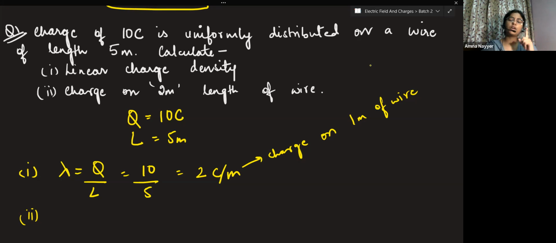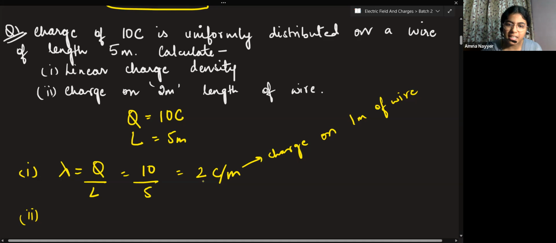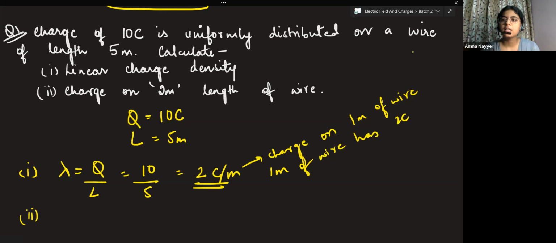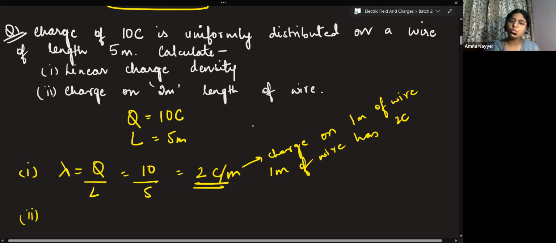For 1 meter, you have 2 coulombs. This answer that we are getting basically means 1 meter of wire has 2 coulombs. So if 1 meter of wire has 2 coulombs, the charge present on 2 meters of wire will be double of it.